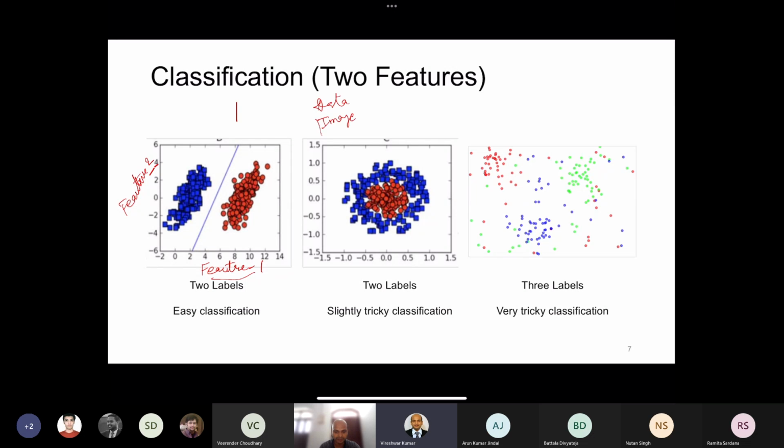So you'll take the data point, for instance an image, and compute some features. In this case we are just computing two features, feature 1 and feature 2. So as I said, there will be an intermediate step. I computed those two features, and now these two features represent that particular data point, and they may be slightly different for each of these images.